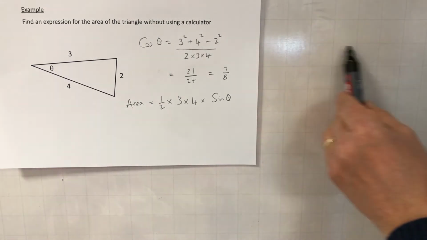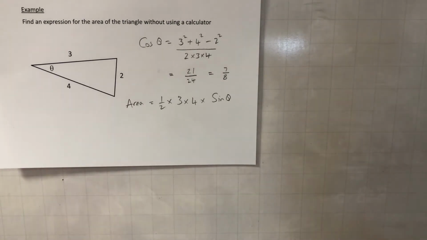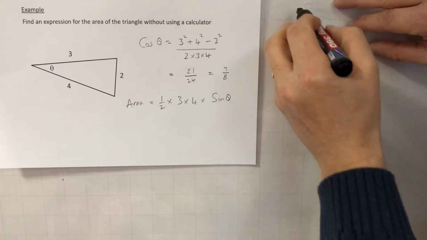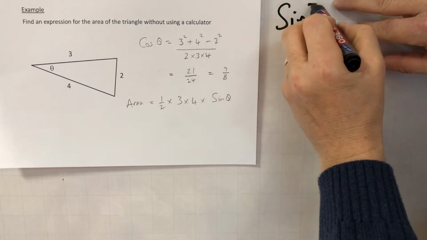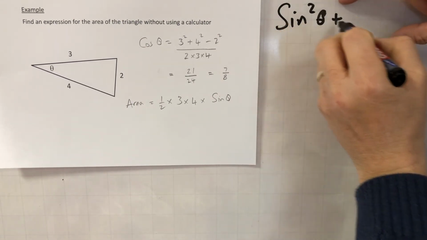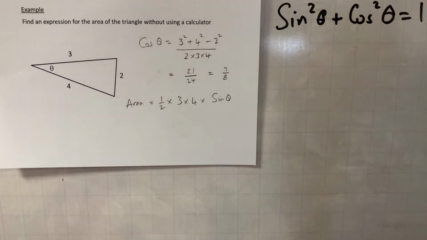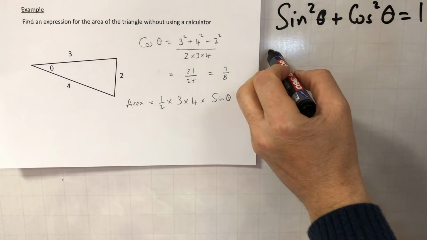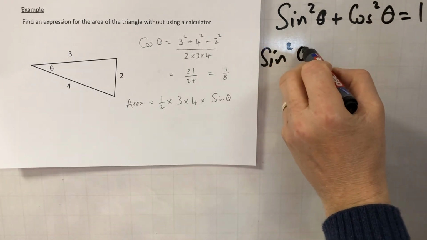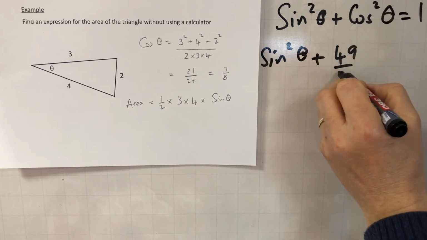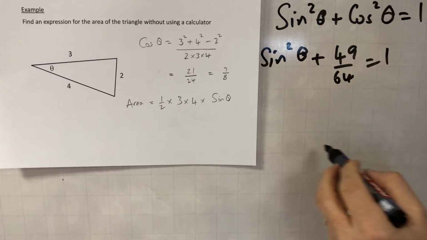You could draw a right angle triangle and put the angle in there, or if I take you back to the early part of the lesson, I can use the fact that sine squared plus cos squared equals 1. So sine squared plus cos squared equals 1.